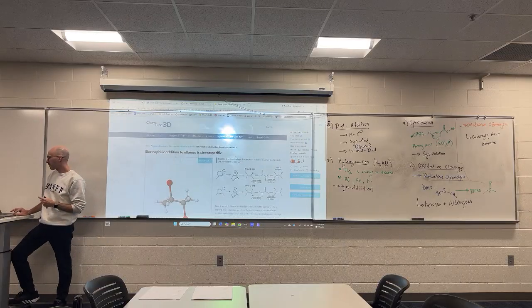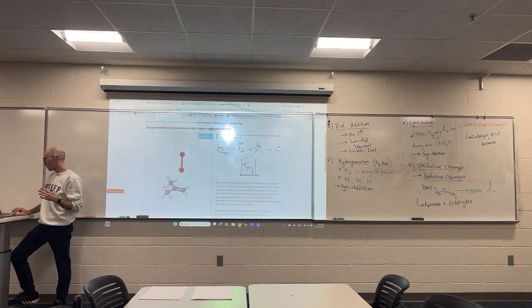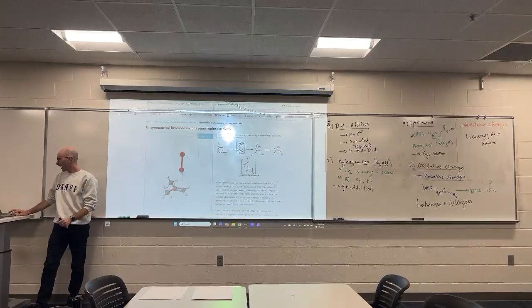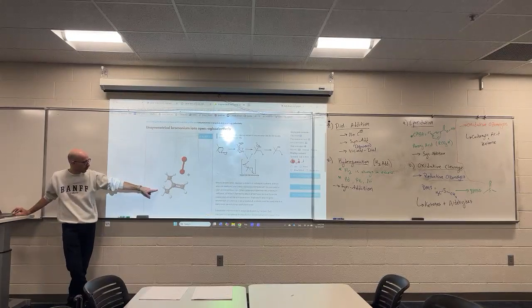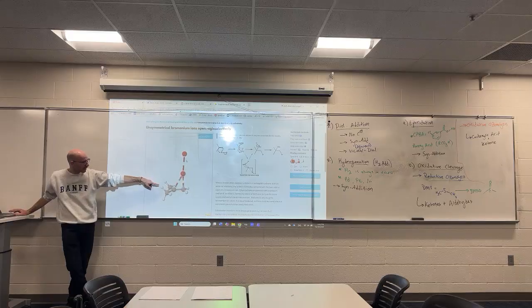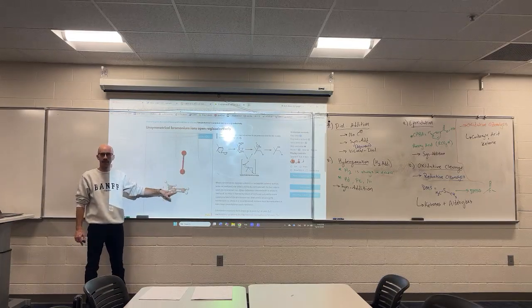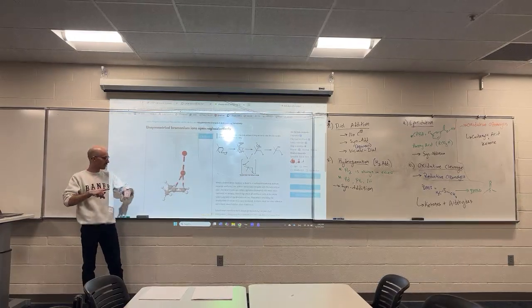All right, well, that was stereo-specific, but what about regio-specific or regio-selective? Here's another halonium ring formation. This is 2-methylpropene, but we can see that it forms the halonium ring. Whoa, do you see that? That halonium ring was not an isosceles triangle, was it?